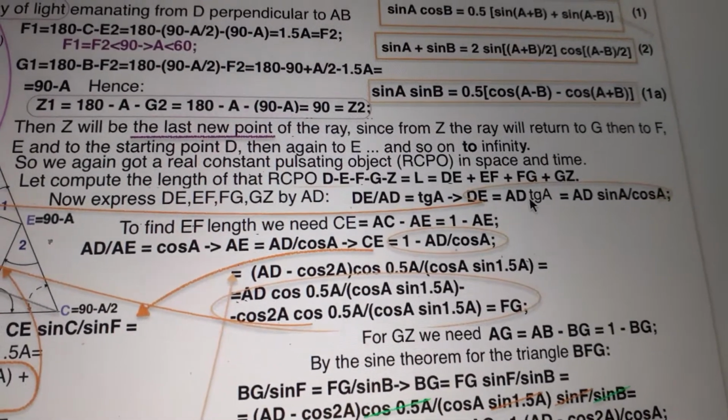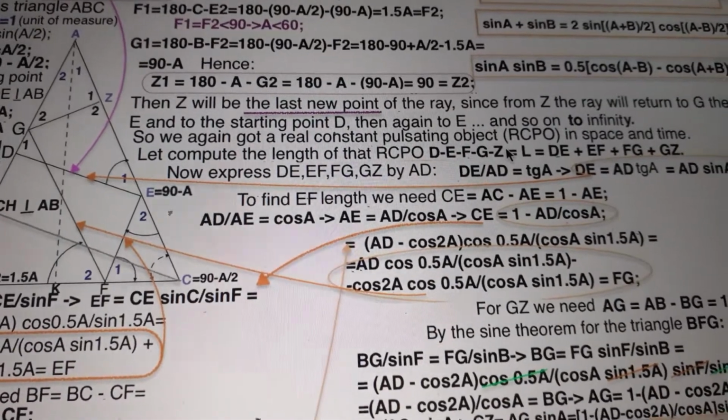And we see that the length of DE is AD, the starting point address, multiplied by tangent of angle A. And now we need the next summand. We need for this the length of CE.